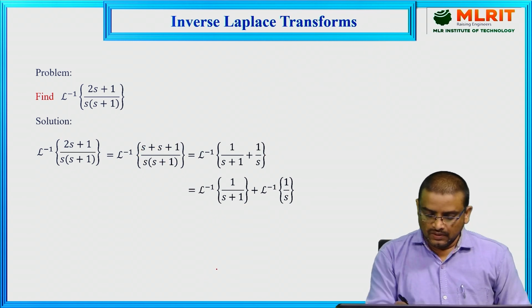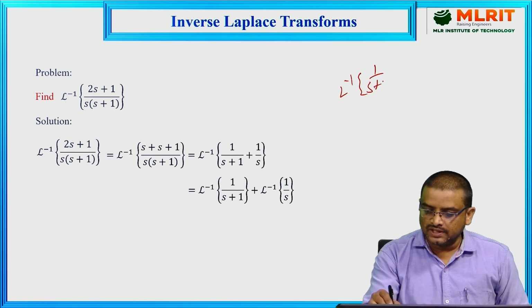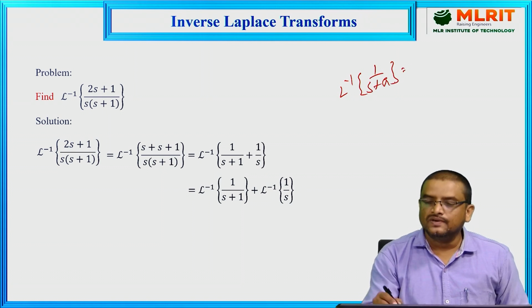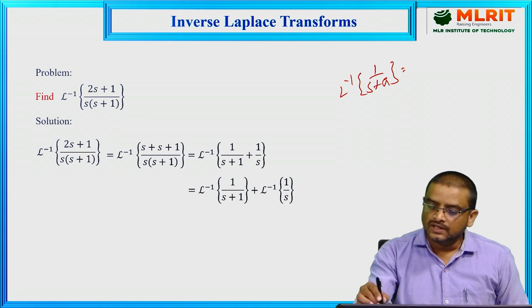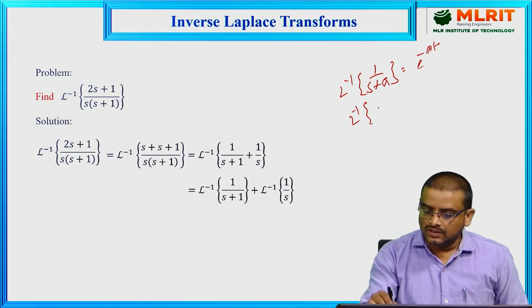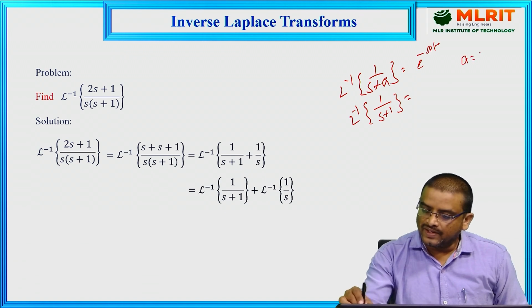Now we have the formula L inverse of 1 by s plus a. So what is our formula for the inverse Laplace transform of 1 by s plus a? This can be written as e power minus at. So now take this one, 1 by s plus 1. In our problem we are having s plus 1. So now compare this and get the value of a.